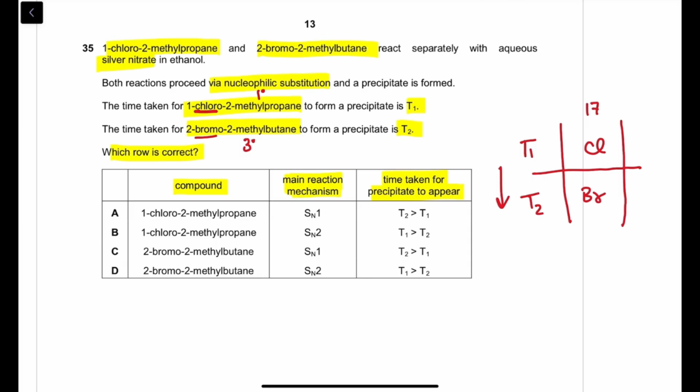That means as you go down the group, the time taken for the precipitate to form is going to be a lot shorter. Therefore, T1 is actually going to be greater than T2, so we can eliminate options A and C. Then we're left with the main reaction mechanisms. So compound 1, 1-chloro-2-methylpropane, is a primary halogenoalkane, while the other compound is a tertiary halogenoalkane. And it is a fact that primary halogenoalkanes have an SN2 mechanism, while tertiary halogenoalkanes have an SN1 mechanism. Therefore, our answer must be B.